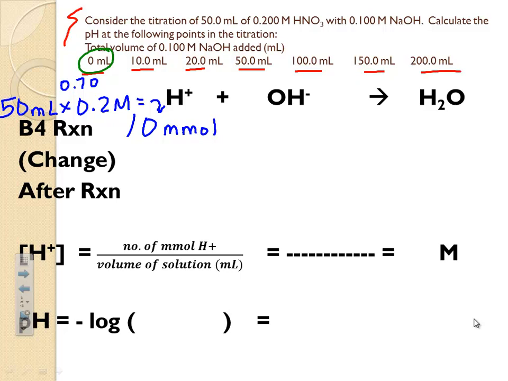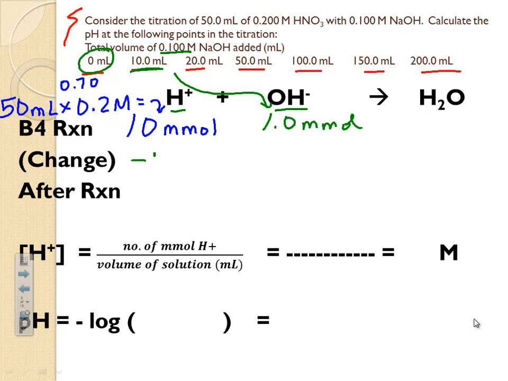Okay, so we've got 10 millimoles here. We've got 1 millimole here. And I got that from taking the 10 milliliters up here and multiplying it by our molarity to give us that number, the 1. Okay. Our change, if you look at this, we've got H plus and OH minus. The OH minus is much less, and it's going to be fully consumed by the neutralization reaction.